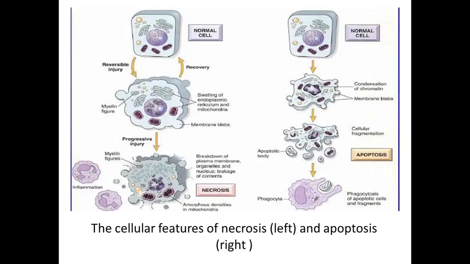This is the morphology of necrosis and apoptosis. As we said, this is the normal cell. This is the cell which undergoes reversible cell injury, which shows myelin figures, swelling of endoplasmic reticulum and mitochondria, with membrane blebs. With progressive injury, there will be cell death and necrosis.